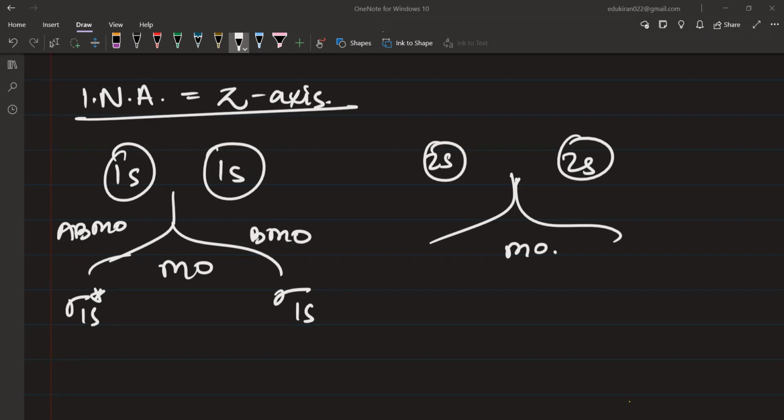Please repeat this. So for now, when we are having ss mixing, it will always be sigma. If you are going to write the BMO, it will be sigma 2s. And for anti-bonding molecular orbital, it will be sigma star 2s.